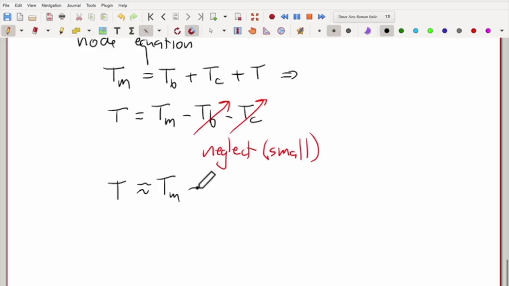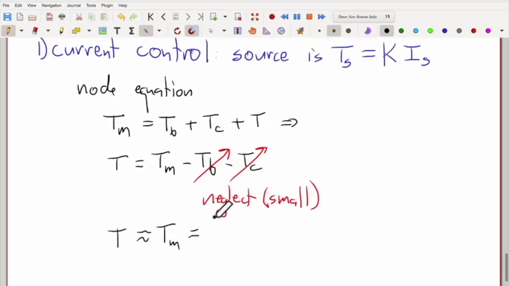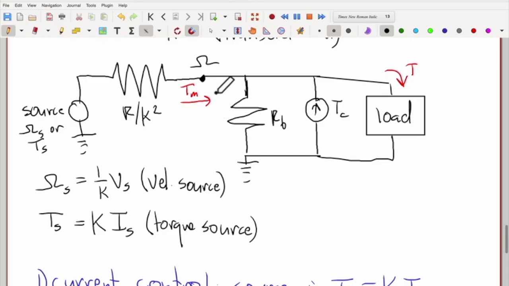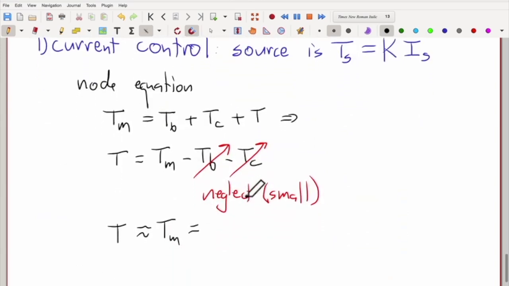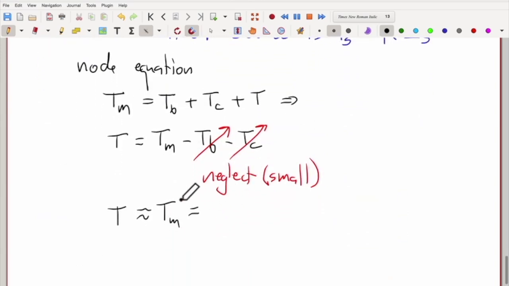And Tm is, well, any torque coming through here, that's a Ts, is going to be the same as Tm, and by how current or torques work, it is equal to K times this current source coming in.